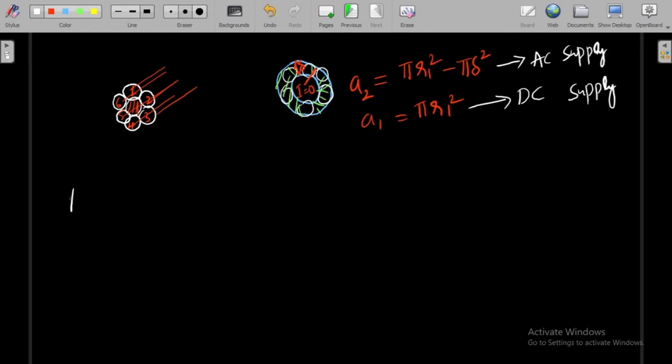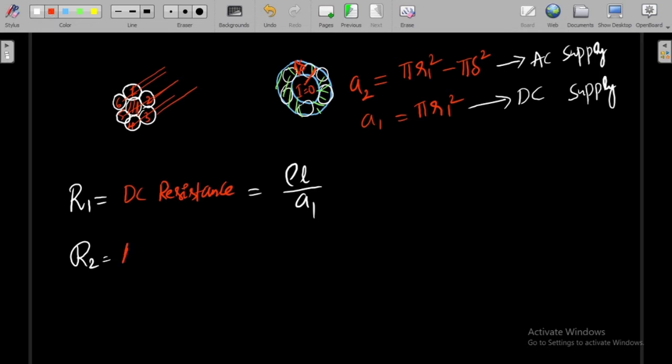Now if I consider R1 as the resistance offered by a line for DC supply, we call this the DC resistance. Usually DC resistance is nothing but the resistance offered by the transmission line for a DC supply. What is this? It is rho times L by A1. Similarly, what is R2? It is the AC resistance.